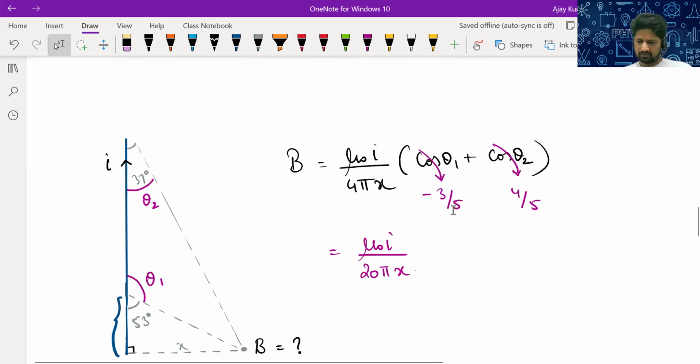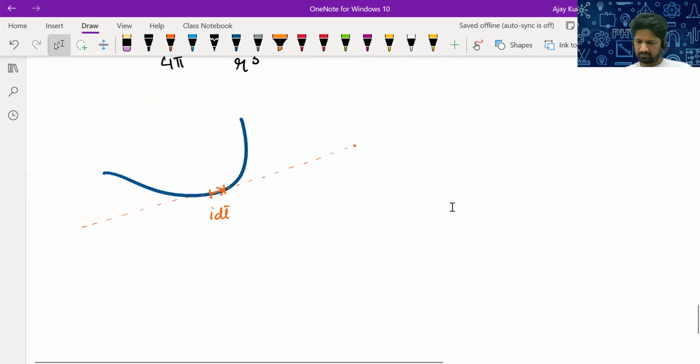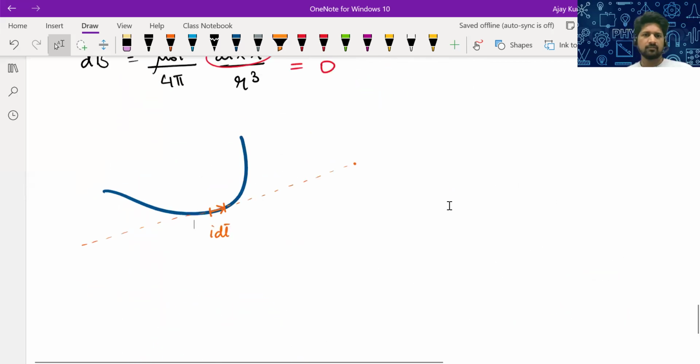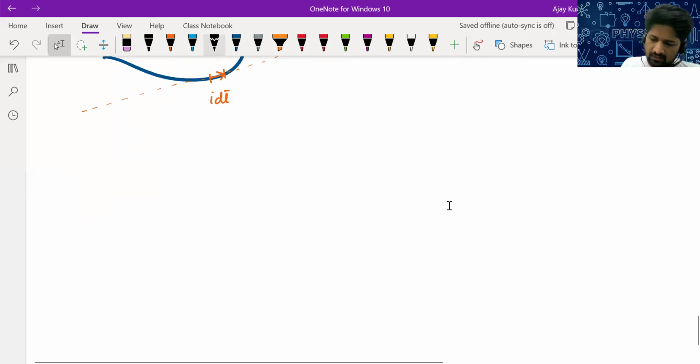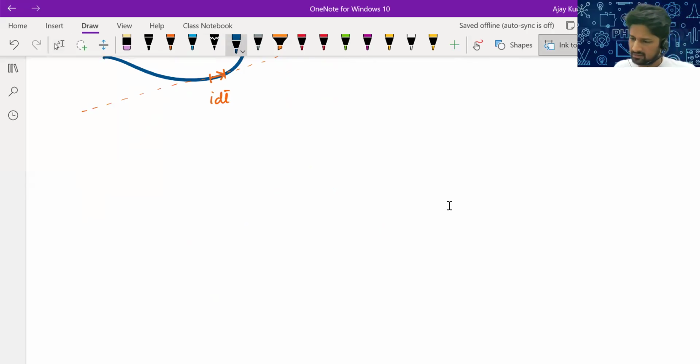Fine. So today we only practiced magnetic fields produced by straight wires. Let us now consider a combination. Straight wire itself, there's one more case that we need to solve.